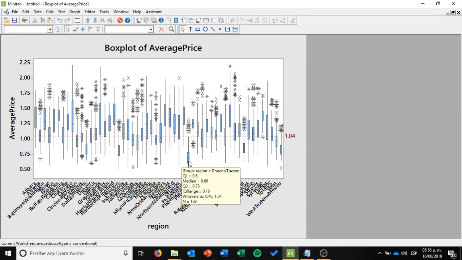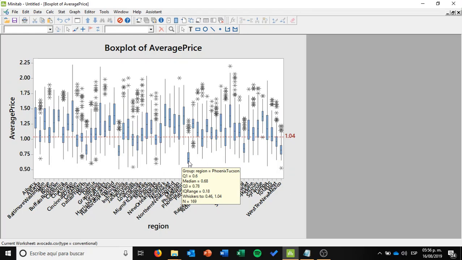If I locate the cursor, it is telling me that it is Phoenix. And if I go to live in Phoenix, just look at the following. 75% of the time, because that's the Q3, the price of avocado is going to be less than 78 cents per avocado. That's the meaning of that Q3 that you look at in there.